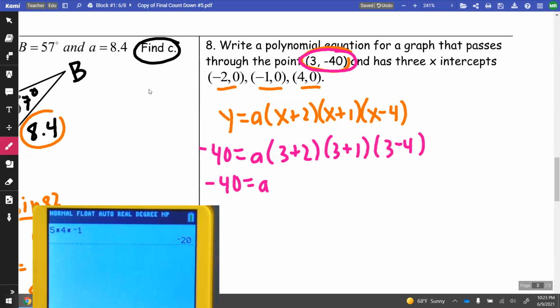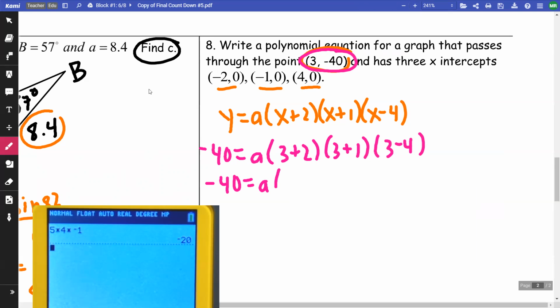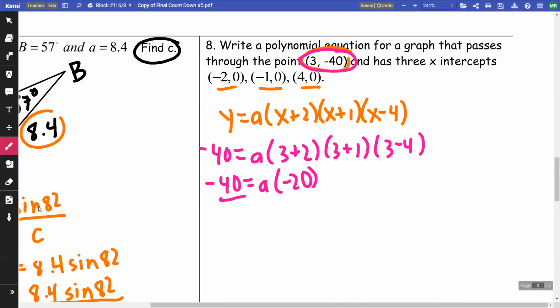So -20 times a. I'm trying to get my a by itself. That's why I should write it like this.